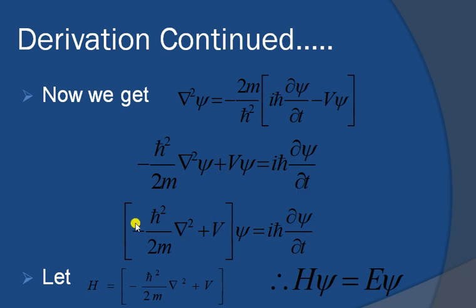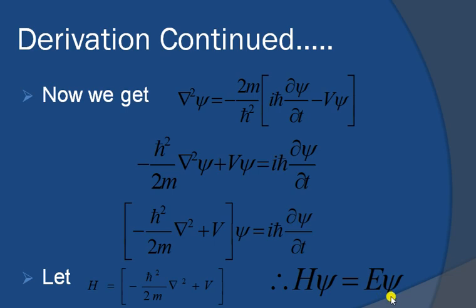Now this minus h cross square upon twice m into del square plus V we are going to consider in one bracket into psi equal to i h cross dou psi by dou t. Now we are going to consider one constant H equal to minus h cross square upon twice m into del square plus V. So substituting the value of H in this equation, we get H psi equal to E psi.